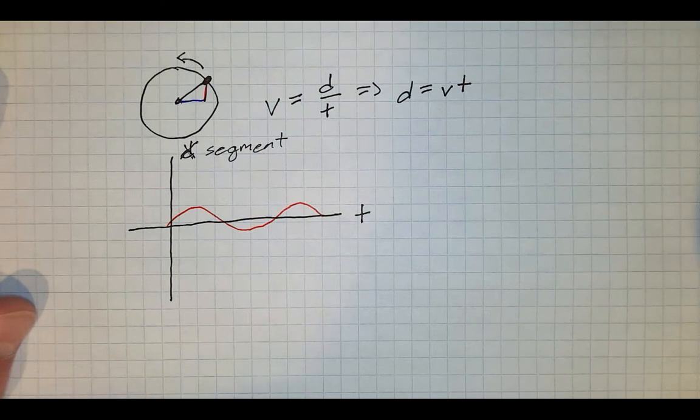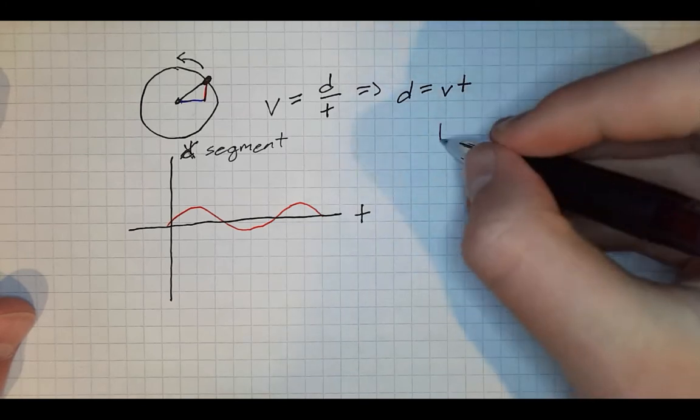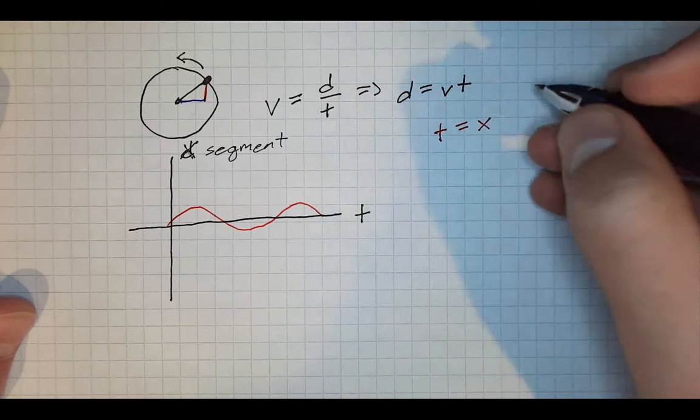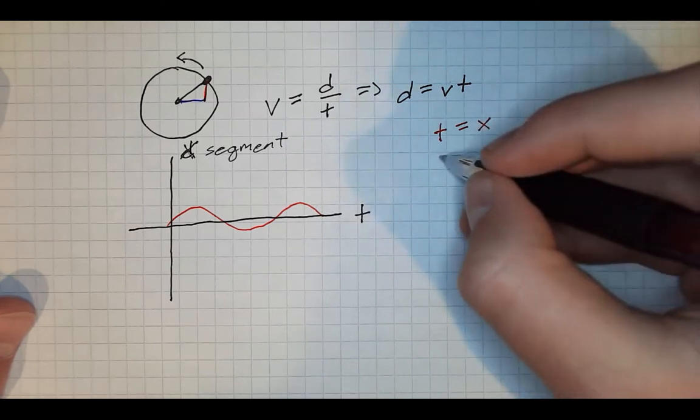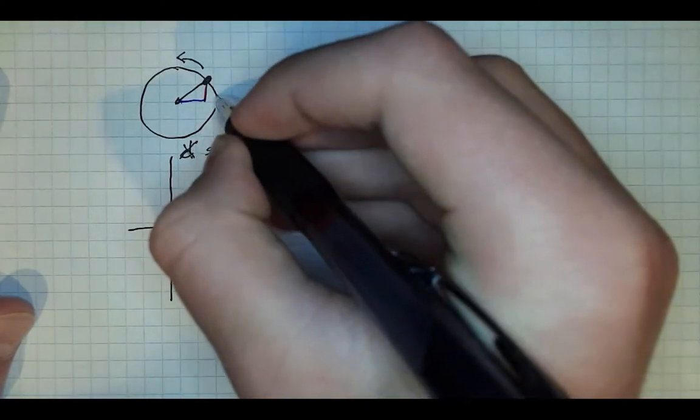So when we're graphing it this way, because time is on the x-axis, when we're working with things algebraically, we will say that time is equal to x, right? And then the next variable we want to bring in is theta. Theta is just the distance that our point has moved around the circle in radians, right?